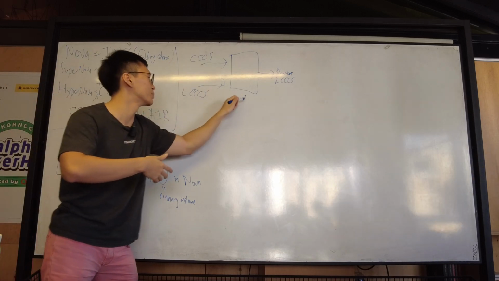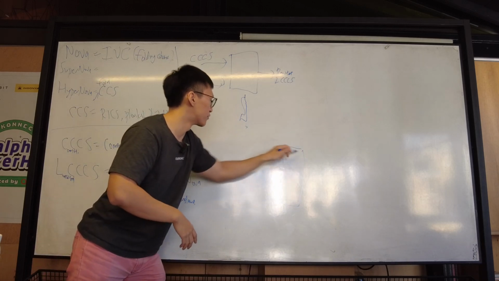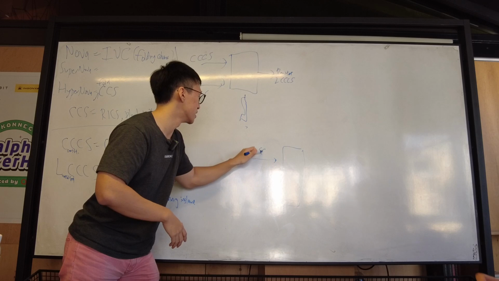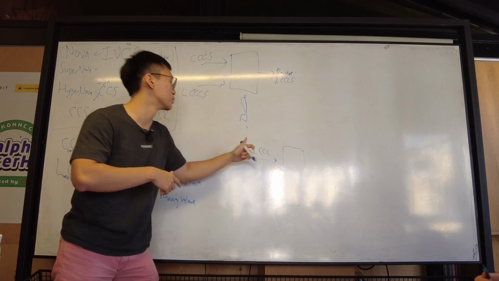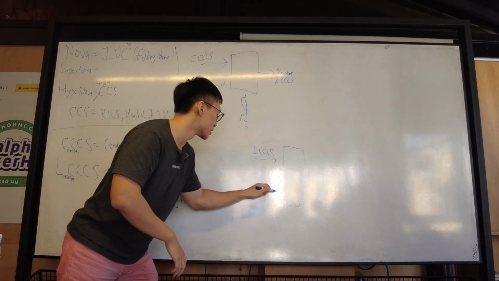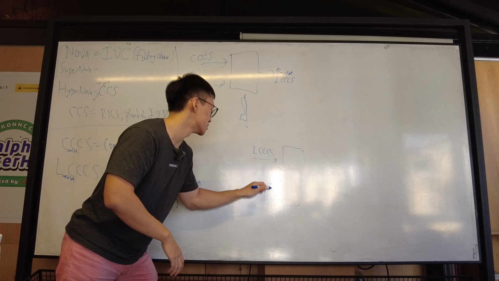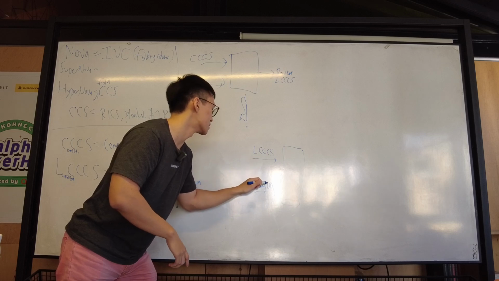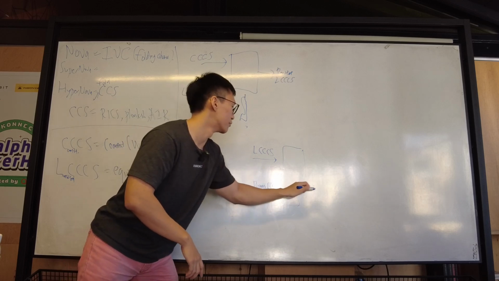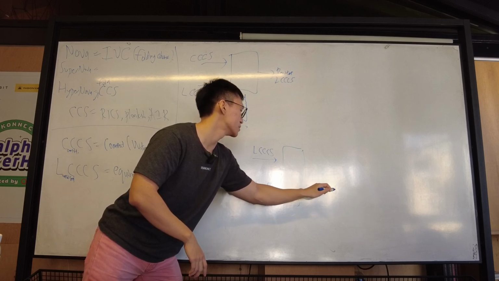It's basically broken down into something like this, whereby you have two LCCS. I'll get to what LCCS really stands for later, and why it is linearized, in a bit. This is our running LCCS, and this will be our resultant LCCS.